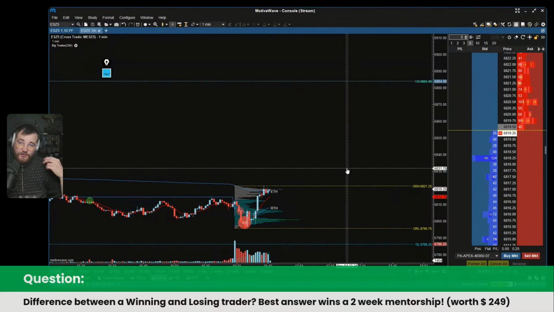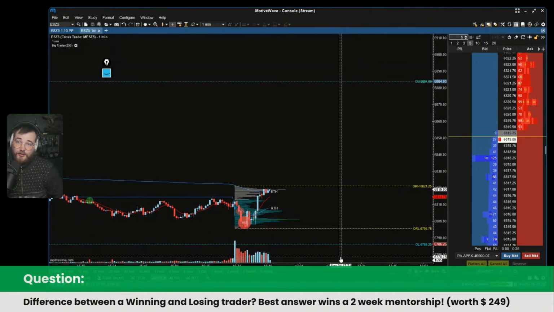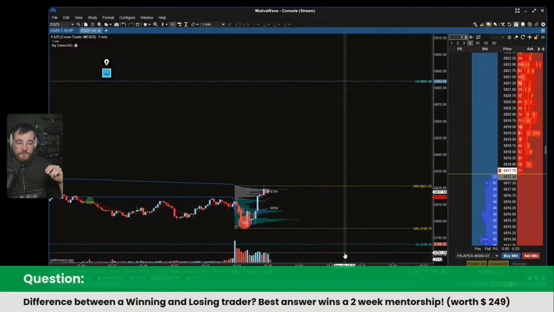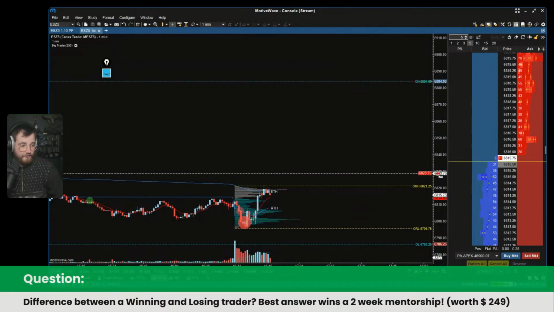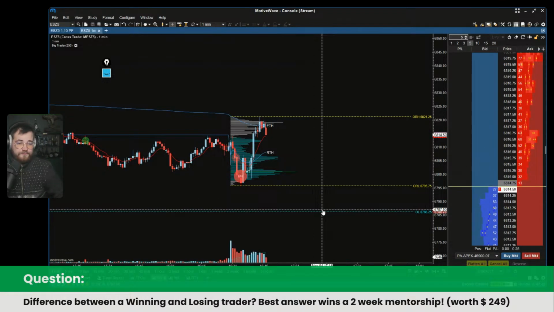So just having that probability in mind, I think the overnight low is much more probable. It doesn't mean that the overnight low is going to get taken out this session. No. This could very well be a session 2 out of 100 or 1 out of 100, because technically it's still there. But statistically speaking, I think there's a good chance for the overnight low to get taken.